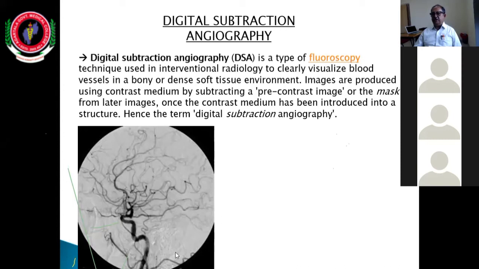Contrast is given inside the vessels, and the images of these contrast-filled vessels are subtracted from the overlying bones and underlying soft tissue digitally. This is called digital subtraction angiography, which is mainly used for visualization of the blood vessels.